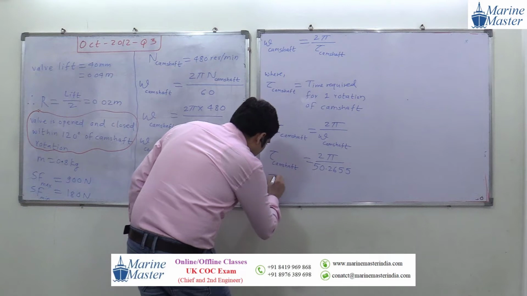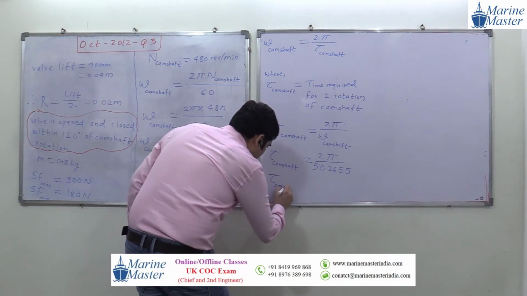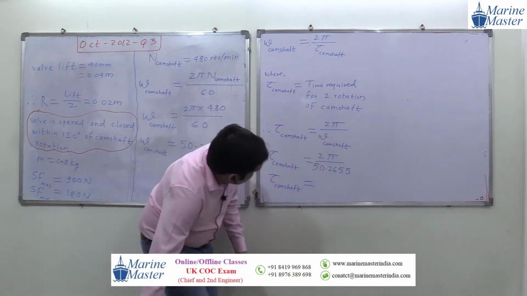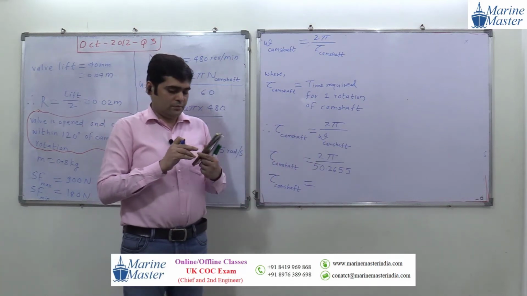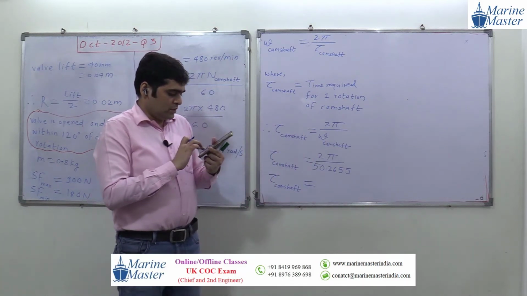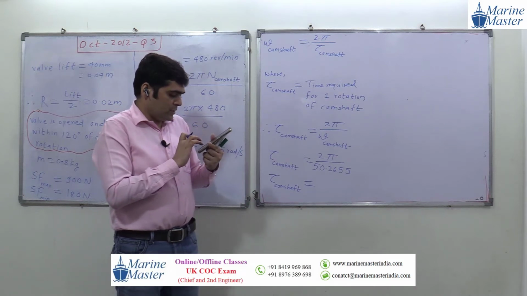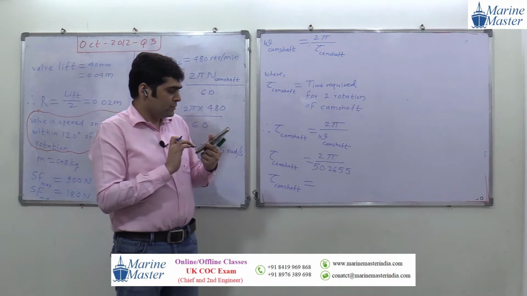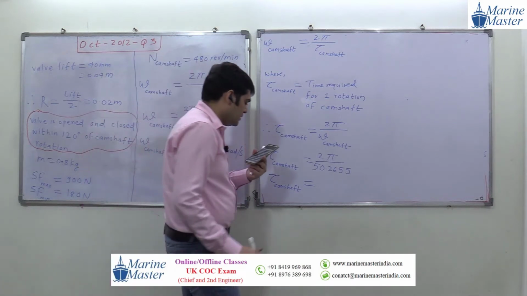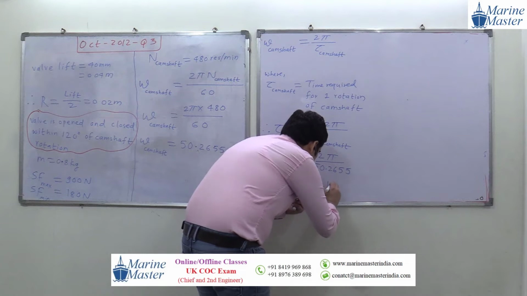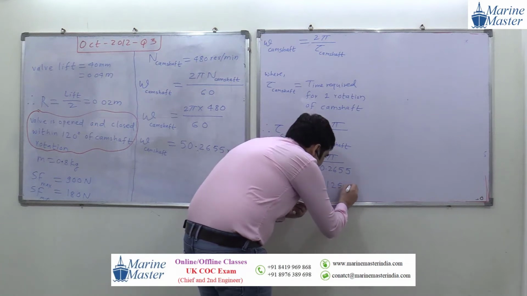So tau camshaft will be equal to 2 pi divided by 50.2655. How much value are we getting? 0.125 second.